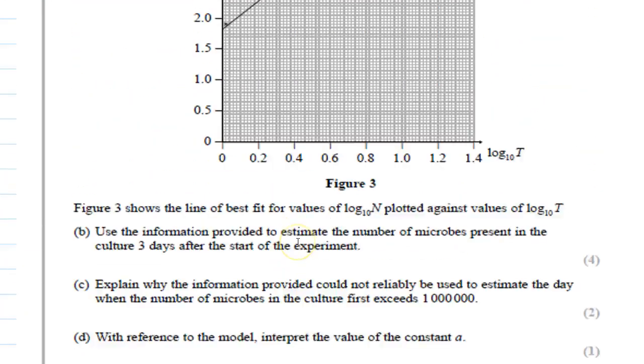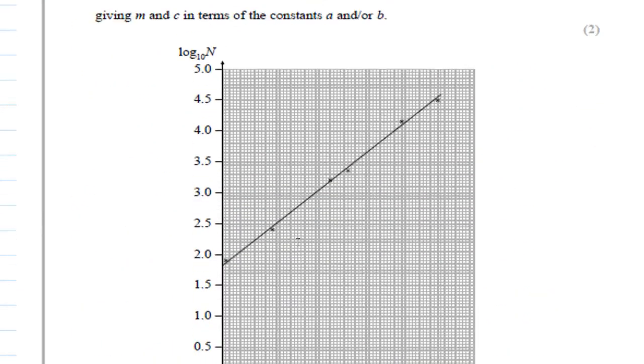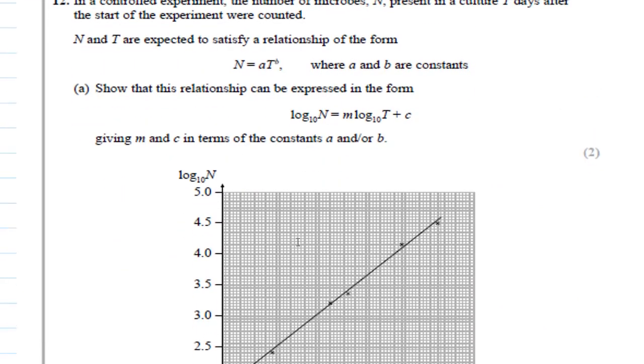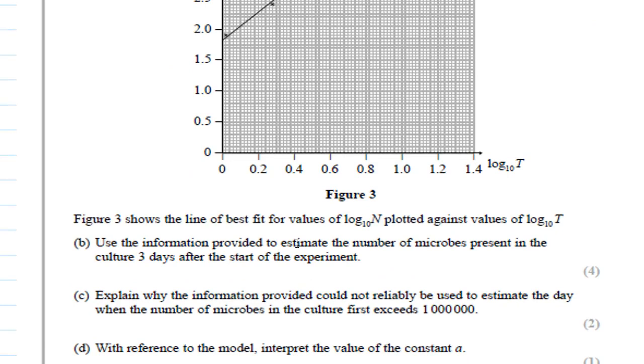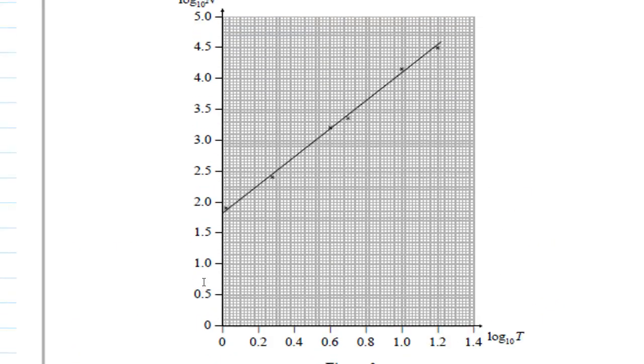Now second part, they are saying, use the information provided to estimate the number of microbes present in the culture 3 days after the start of experiment. So this is the graph.